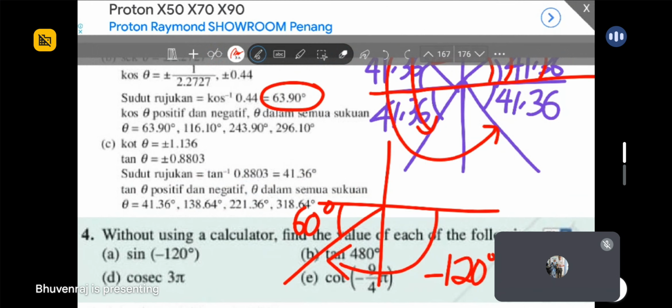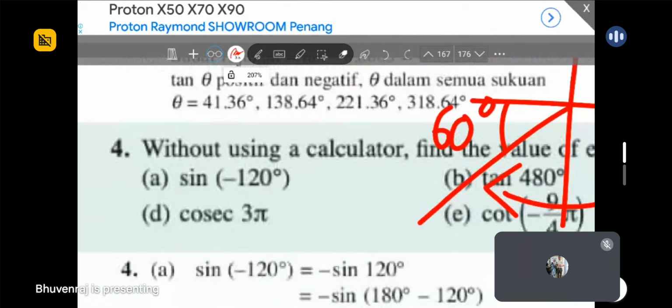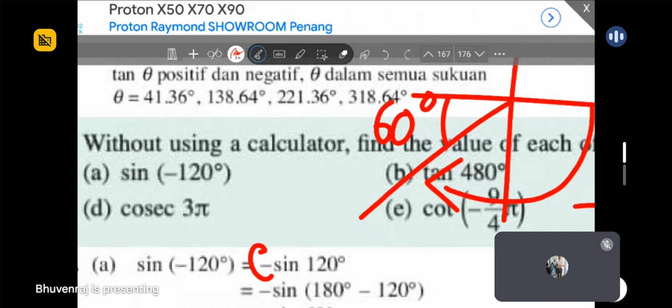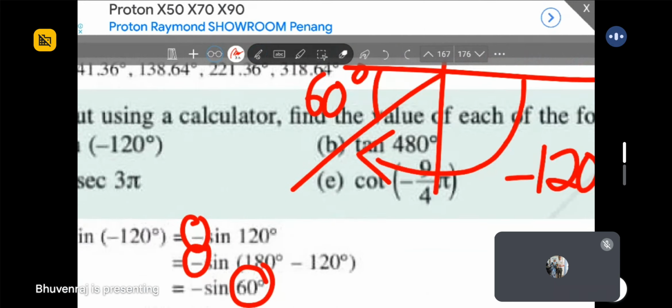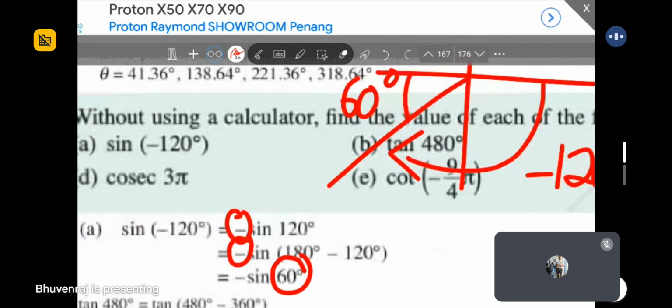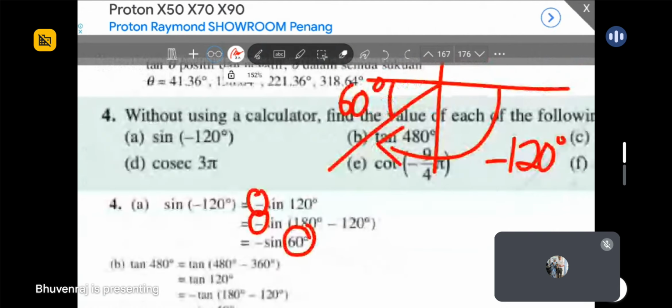But in the third quadrant, the sign is negative, that's why you need to add a negative in front. And your reference angle is 60. So negative sin 60, how to get it? Use the special triangle.